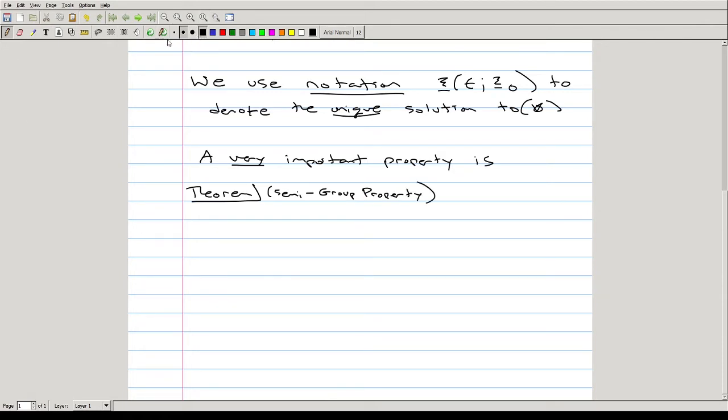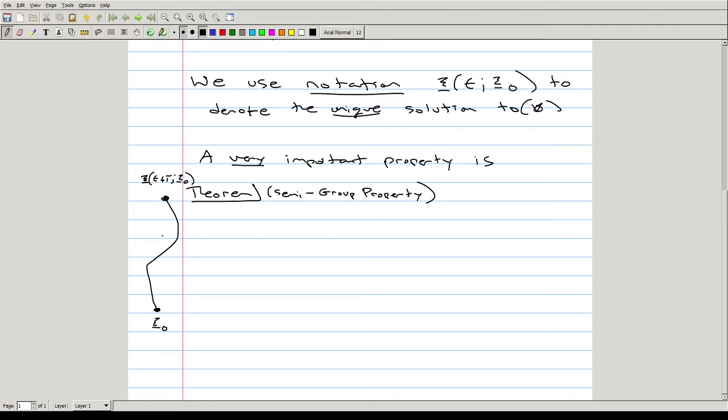And I'll describe this before I write it down. The idea is that for any orbit of our differential equation, let's say this is xi naught, the initial condition of the orbit. This is, say, the solution at time t plus tau corresponding to initial condition xi naught.